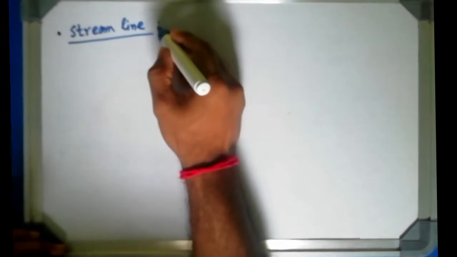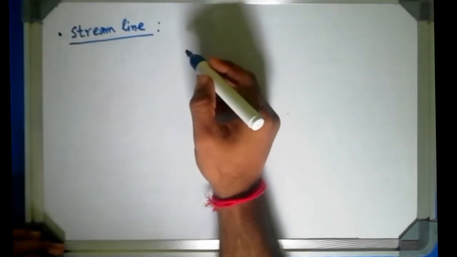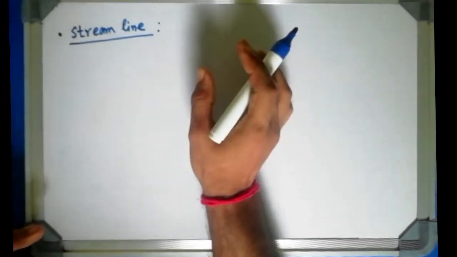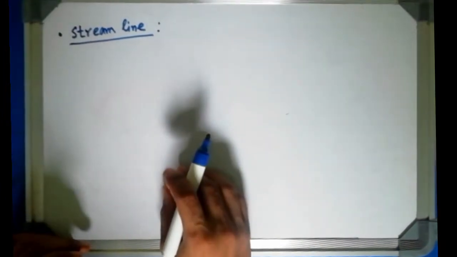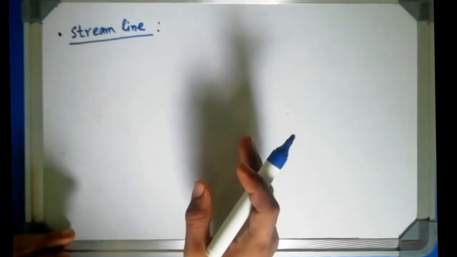First of all, we should concentrate on what is streamline. Now, in the study of fluid mechanics, streamlines are often drawn to visualize the flow field. Basically, we draw some lines which represent the flow field, how the flow is actually occurring.